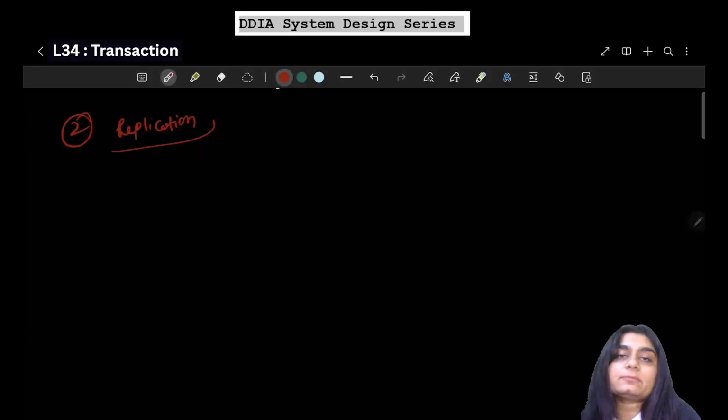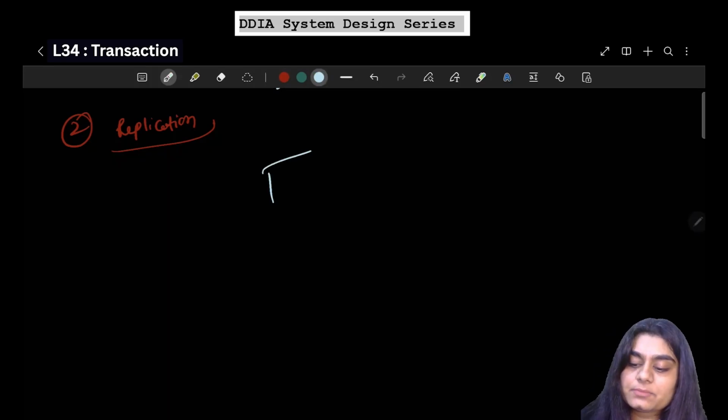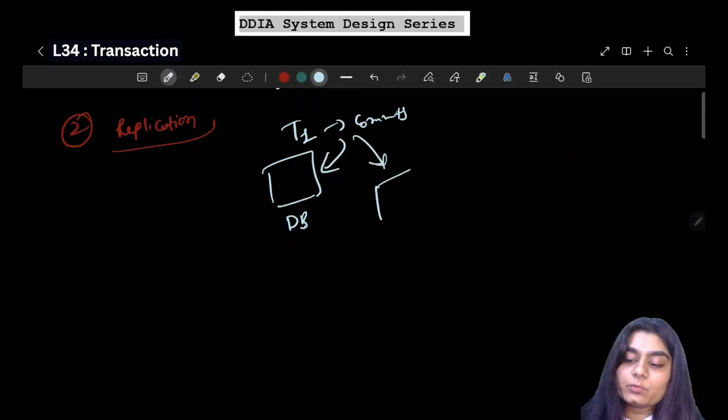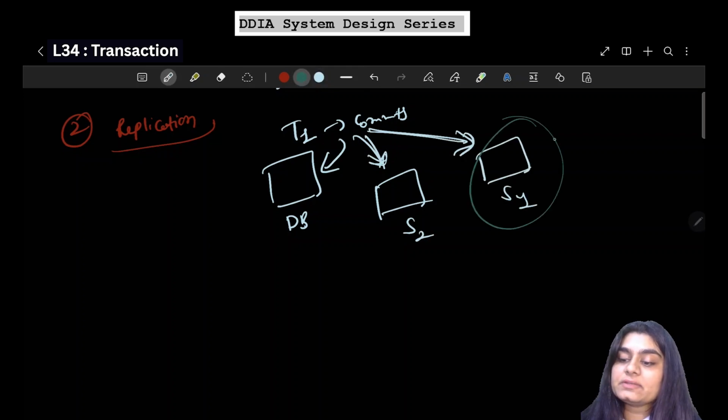Now we are going to explore replication. We have already discussed replication in the previous video, but let's do a quick revision. Many databases increase durability by copying the data to multiple nodes or servers. For example, in distributed databases or cluster databases, when a transaction commits, the data might be replicated to one or multiple servers. If the primary server fails, the replica has the backup.